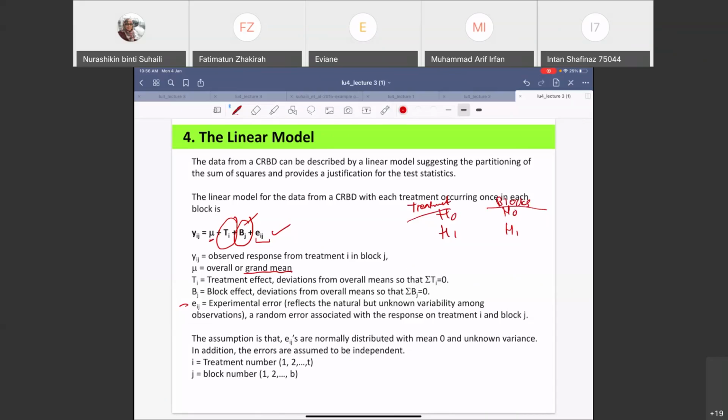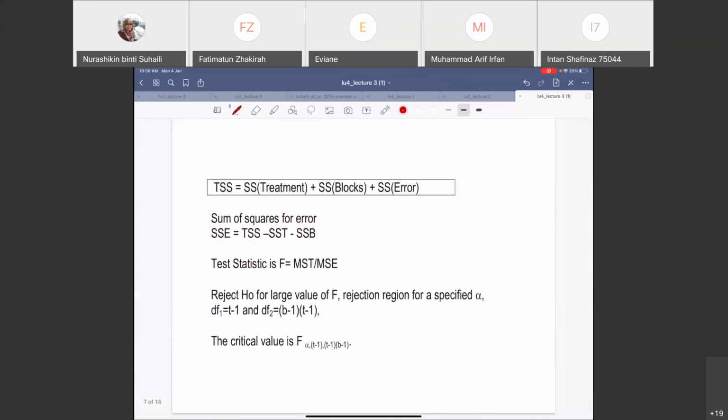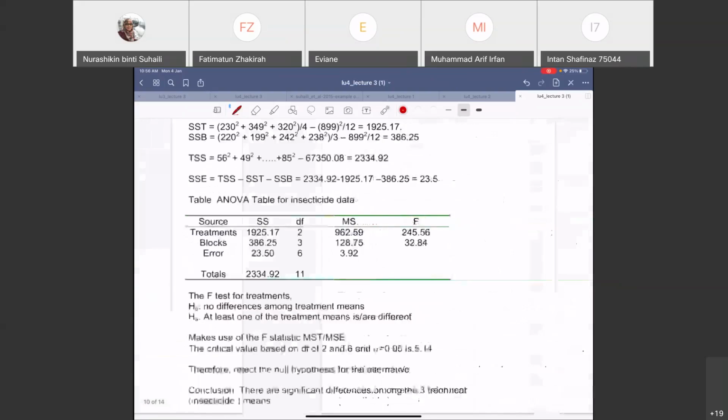The null hypothesis for the treatment is that there is no difference in the means of all the treatments. The alternative is that there is a difference. For the blocks, the null is that there is no difference in the means between the blocks, and the alternative is that there is a difference. So just to say that there must be two sets of hypotheses when there are blocks, because the blocks need to be compared as well.